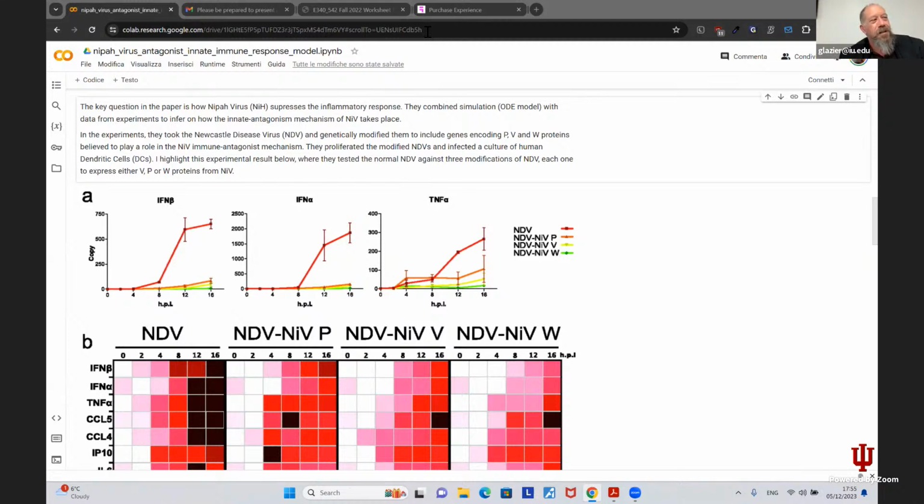And probably the reason they did not do NDV plus P plus V plus W was because then they might have engineered a virus that could spread easily, like NDV, unlike Nipah virus, and was as lethal as Nipah virus. So you could actually use this approach to take a disease that spreads very easily, like influenza, and add genes that make it exceedingly lethal. So it's quite an interesting approach, experimentally.